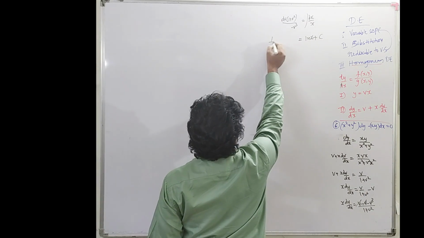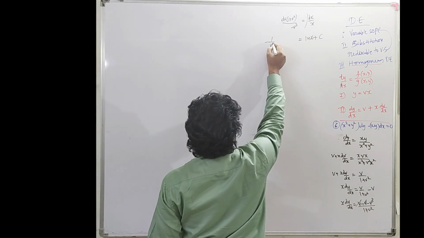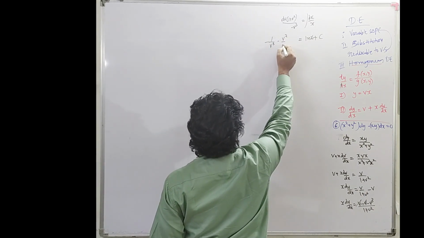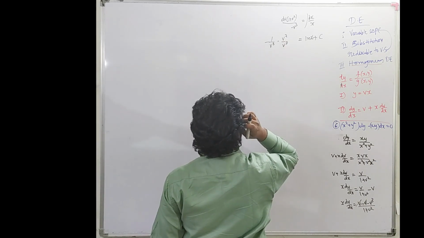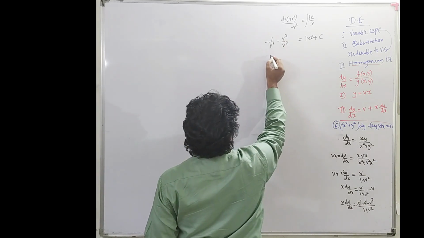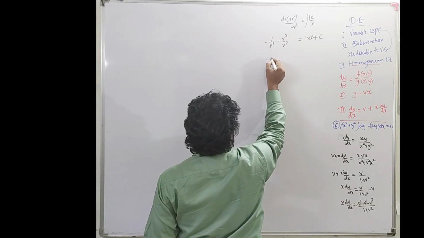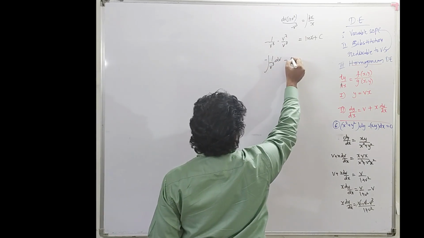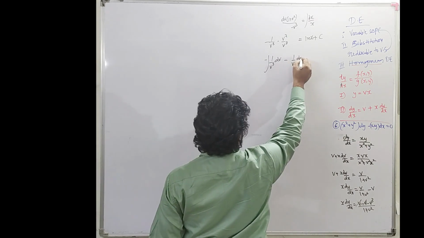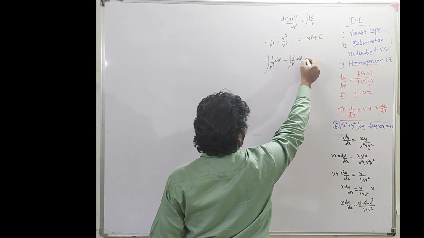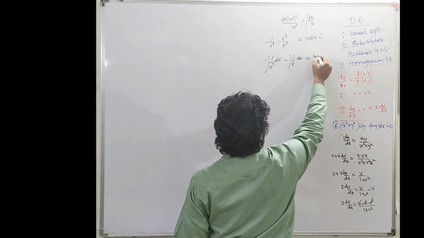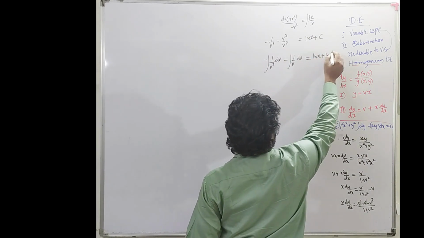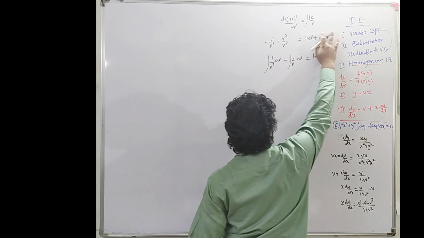So to simplify this one, minus 1 upon v cube minus v square by v cube. So minus 1 upon v cube dv its integration and minus 1 upon v dv its integration. We can see the log term appears, so we'll convert this one also in the format of log.